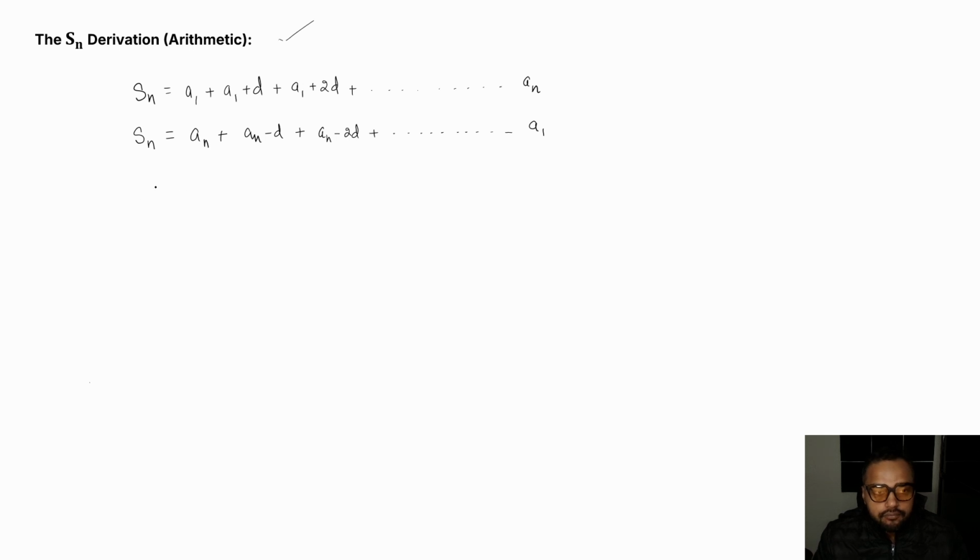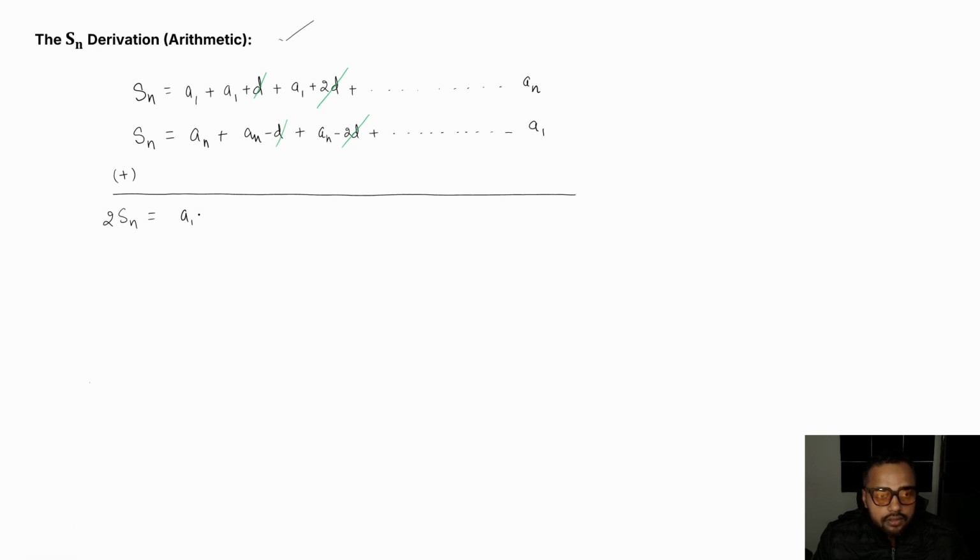Now if we add both of these equations, what we'll get? On the left hand side, it is very easy: it will be 2Sn. On the right hand side you can see, students, that the terms will start to cancel out. For example, plus d will get cancelled with minus d, plus 2d will get cancelled with minus 2d. So what are we left with?